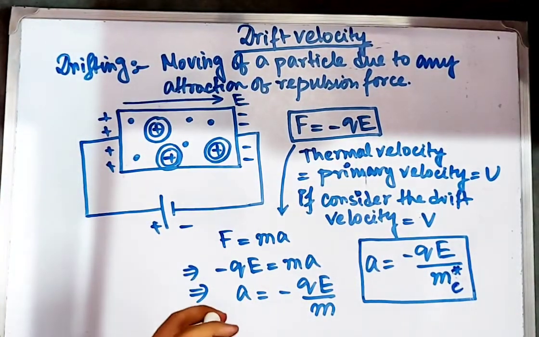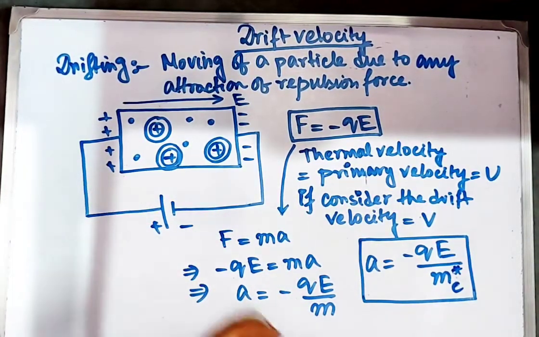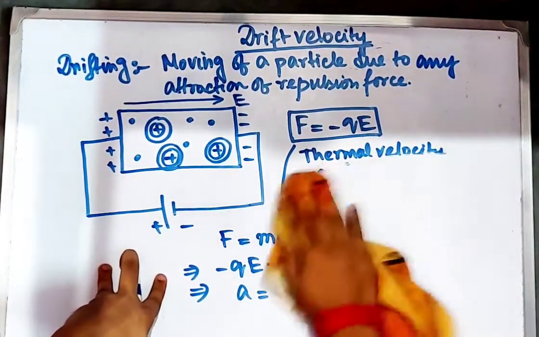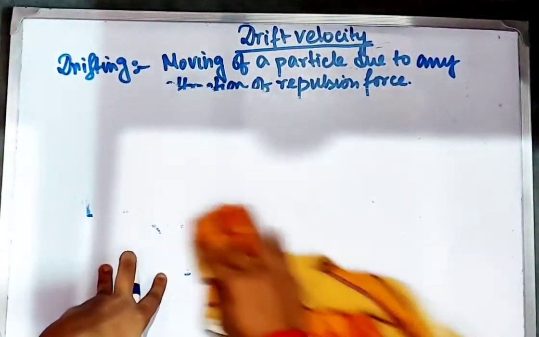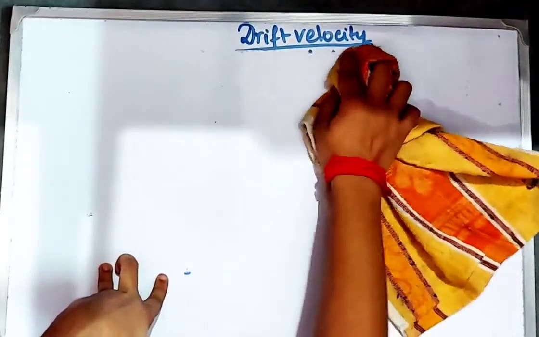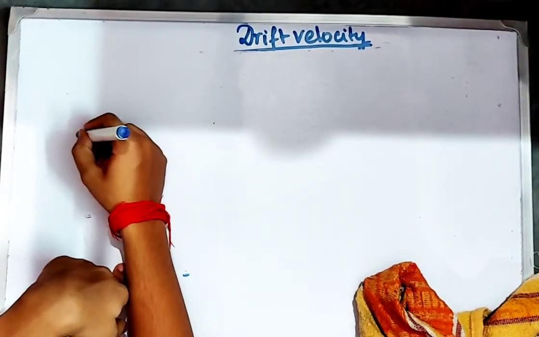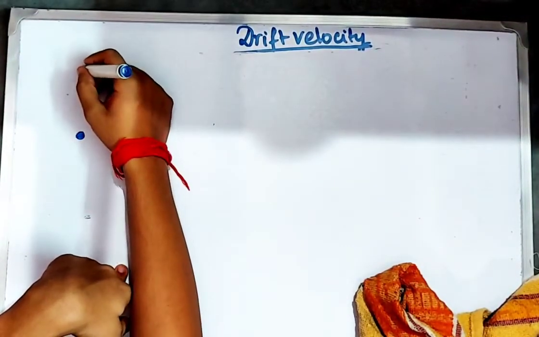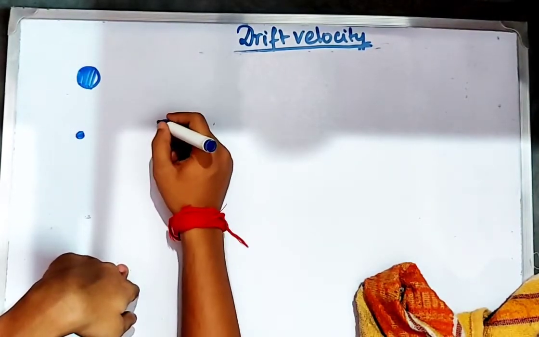Now we will try to visualize the drift velocity in a more detailed manner. Suppose this is one electron and these are atoms in the semiconductor.